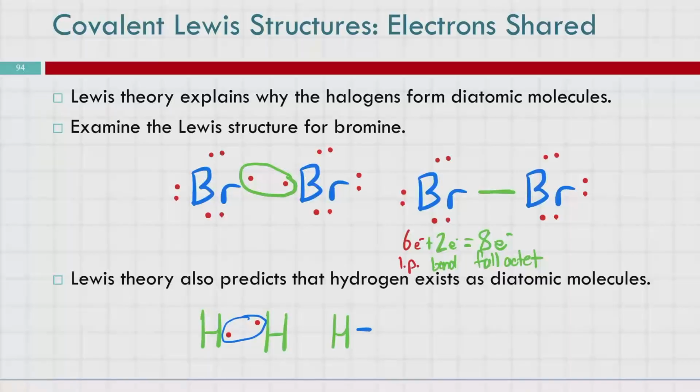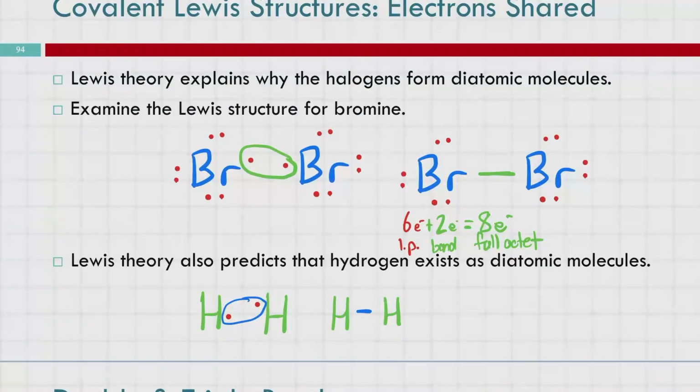So hydrogen with one bond to another hydrogen. There's 2 electrons in the bond because there's one line. Hydrogen has its duet, smiley face. It's happy.